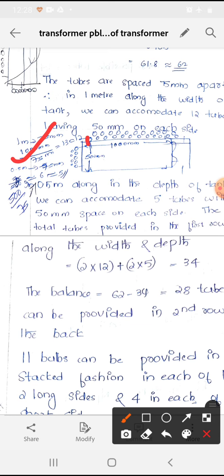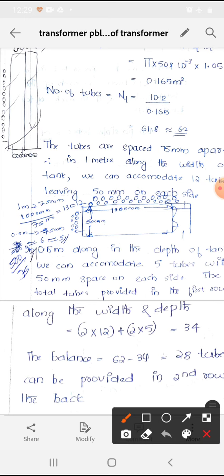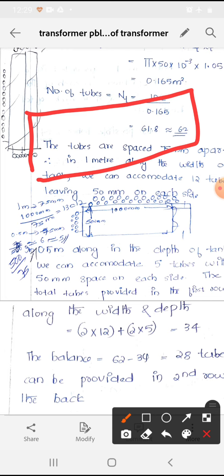Since we are leaving the clearance level, we reduce 1 from the value, so we place 12. Breadthwise, 500 by 75 gives 6 tubes, so leaving the clearance, we place only 5 tubes here. We need to place 62 tubes, so we draw this rectangular tank, leaving the clearance level.